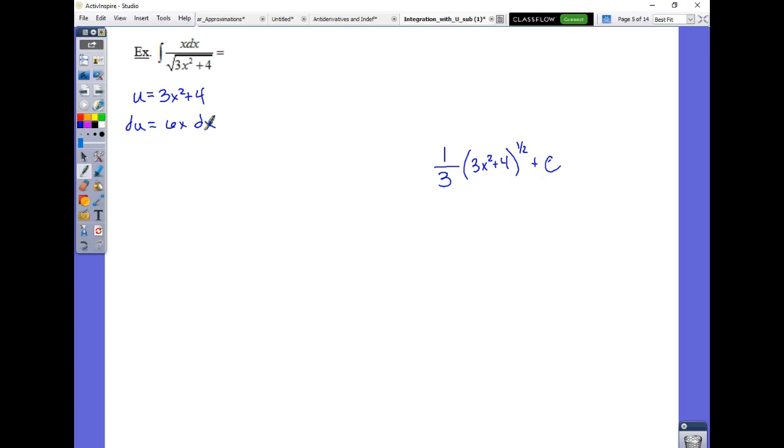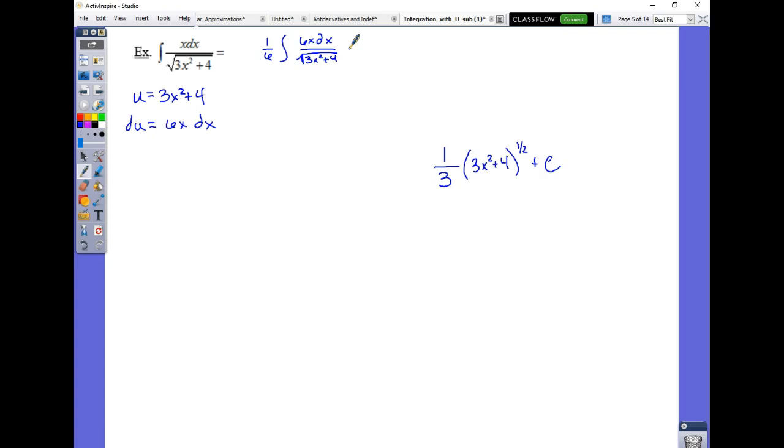If you were here, you had rewritten your problem something like 1/6 the integral of 6x dx over the square root of 3x squared plus 4. If you were one of those people, that's where you stopped.